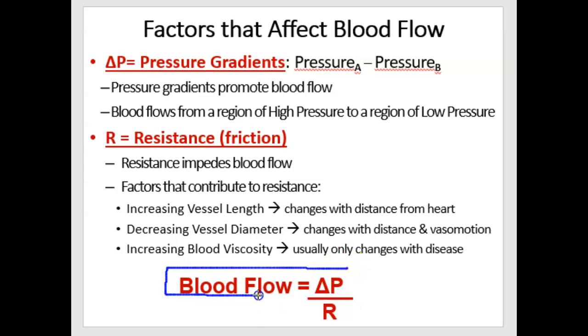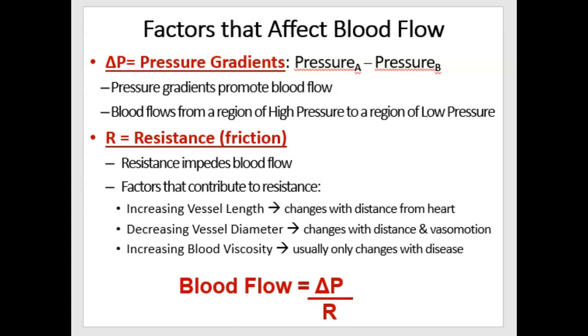So the bigger the change, the bigger the blood flow. And then it turns out that blood flow is inversely related to resistance. So if you increase the amount of resistance, you decrease blood flow.